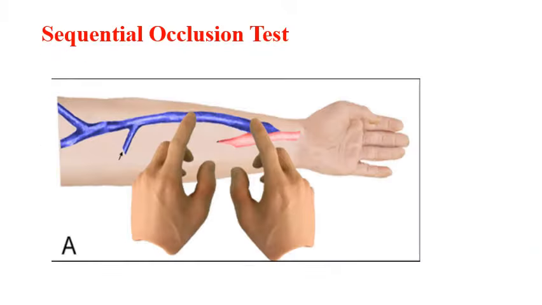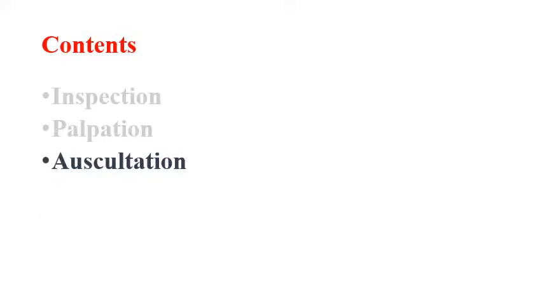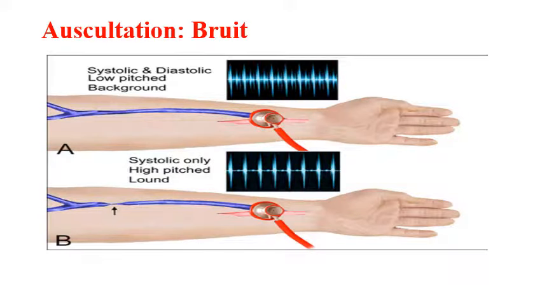So after you do the inspection and palpation, we can after this do the auscultation. Usually if you auscultate the AV fistula, you will hear a bruit which is like the thrill, but this is heard by the stethoscope, and it is systolic and diastolic, low pitched.